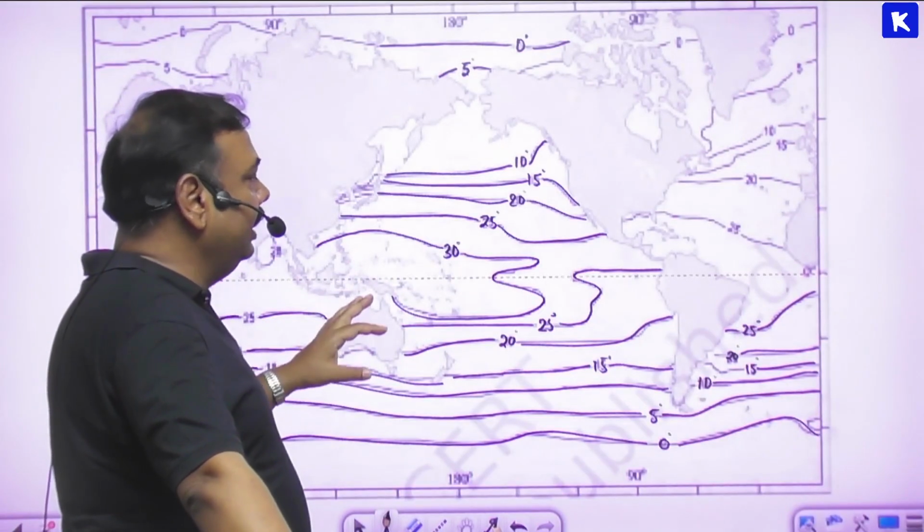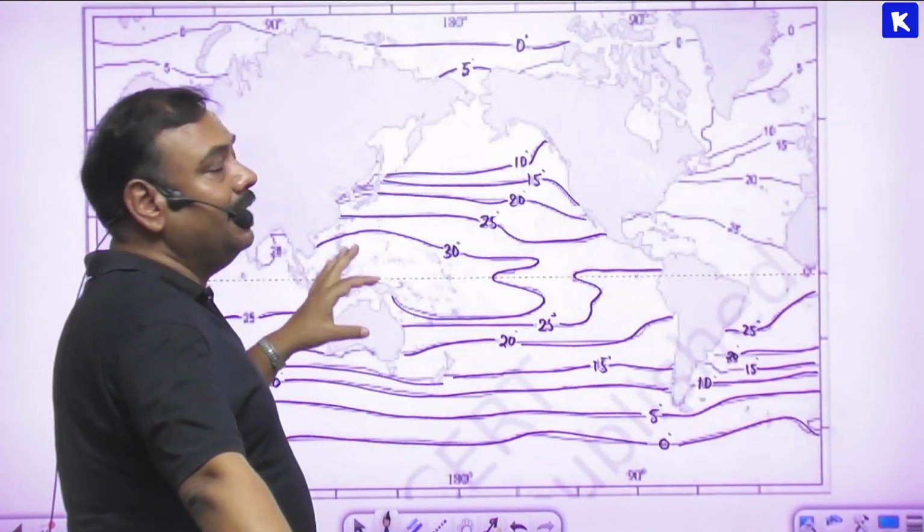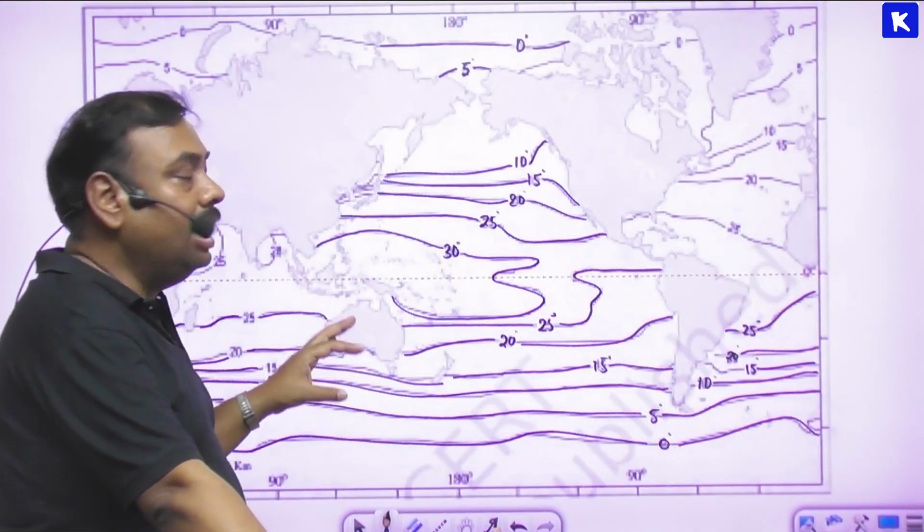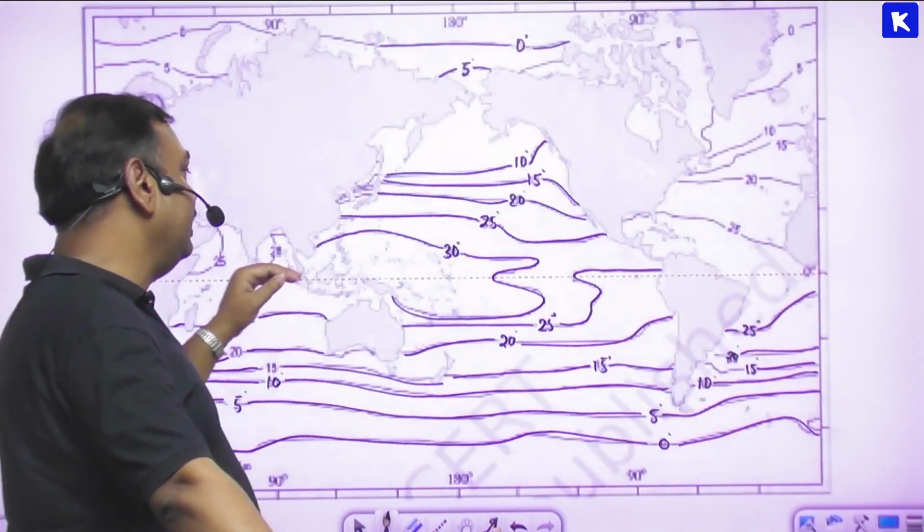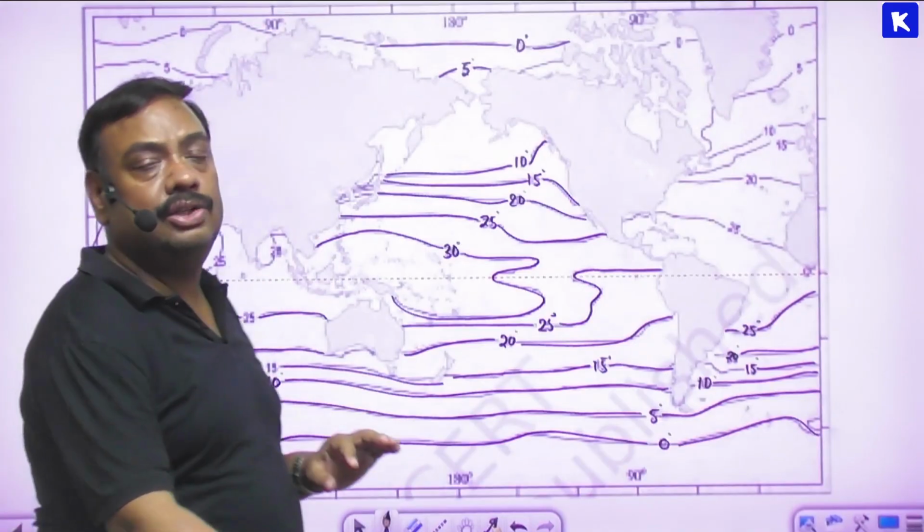What I would like to tell you here is that actually we can't find the maximum temperature at the equator or nearby the equator. Why is it so? Because I told you earlier that there is occurrence of rainfall on a daily basis in this region.